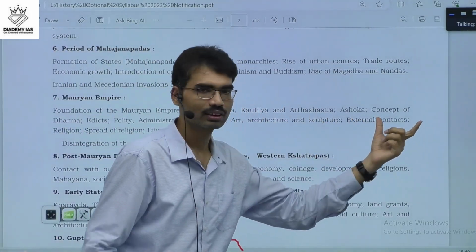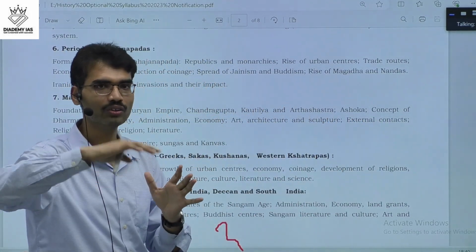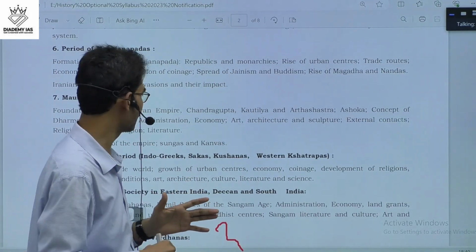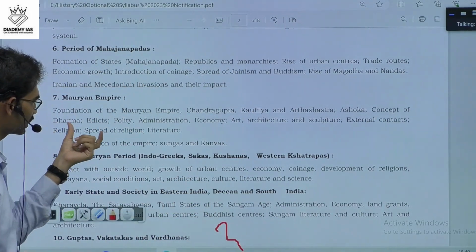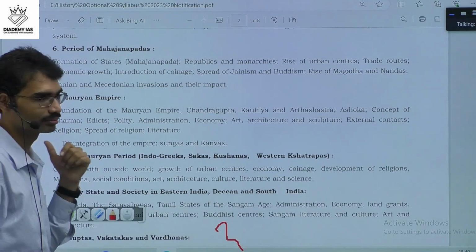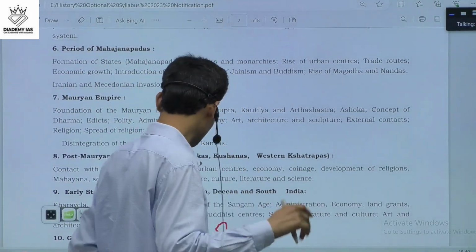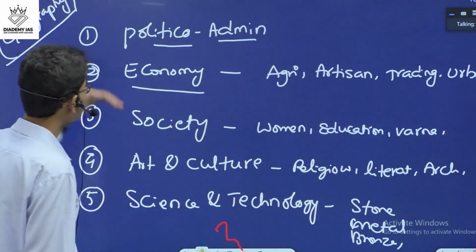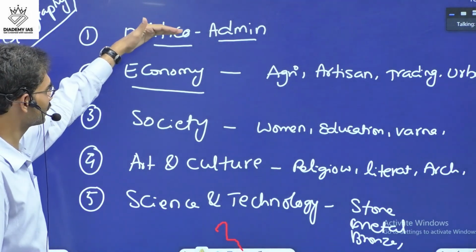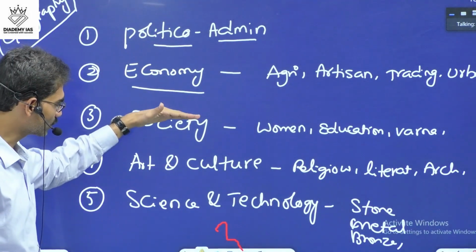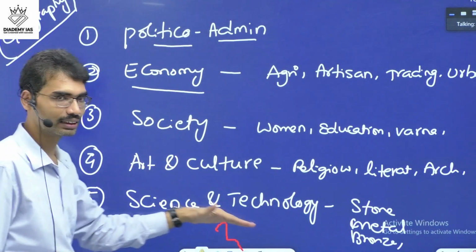External contacts, now they have an empire and how they traded with other countries or other empires. Religion, spread of religion, literature. Are you getting? Only these fundamental 5 elements: politico-administration, economy, society, art and culture, science and technology.